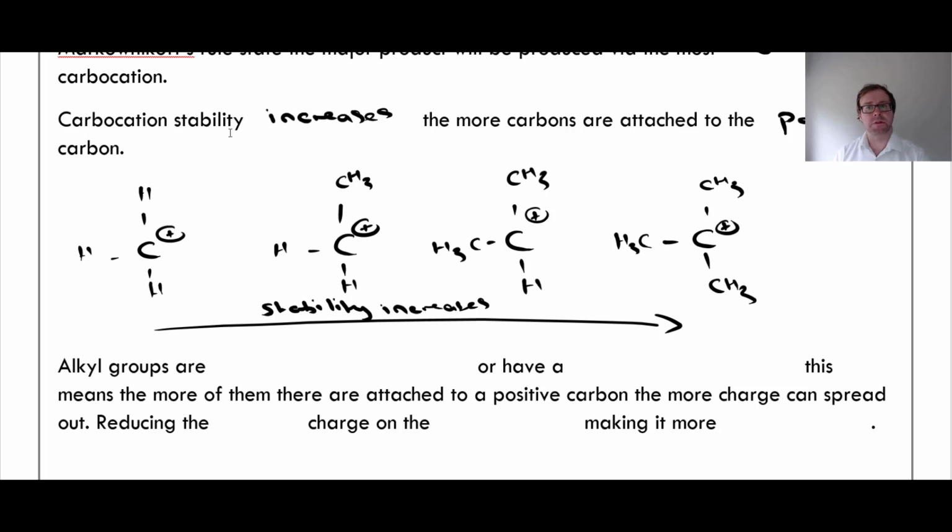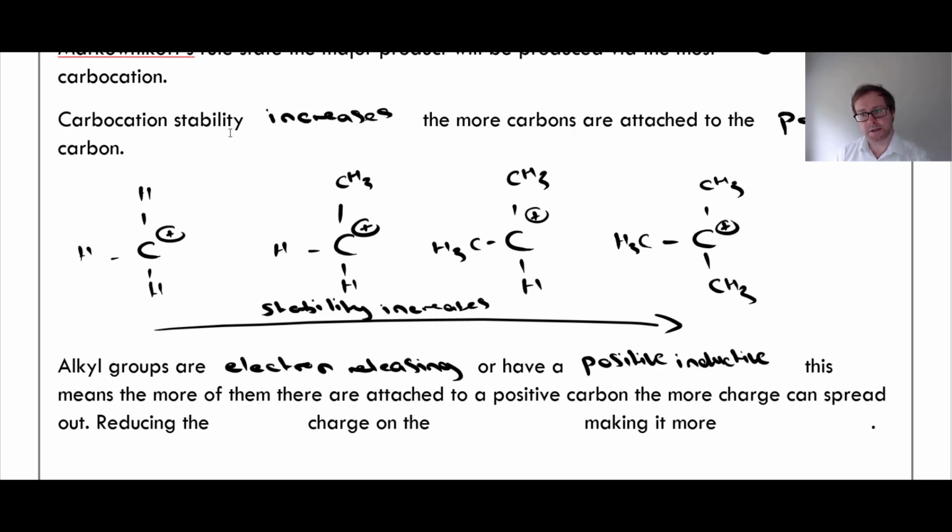As we go from left to right, we're adding more carbons that are attached to my positive carbon. And the reason why is because alkyl groups are electron releasing, or you may also see it described as having a positive inductive effect.